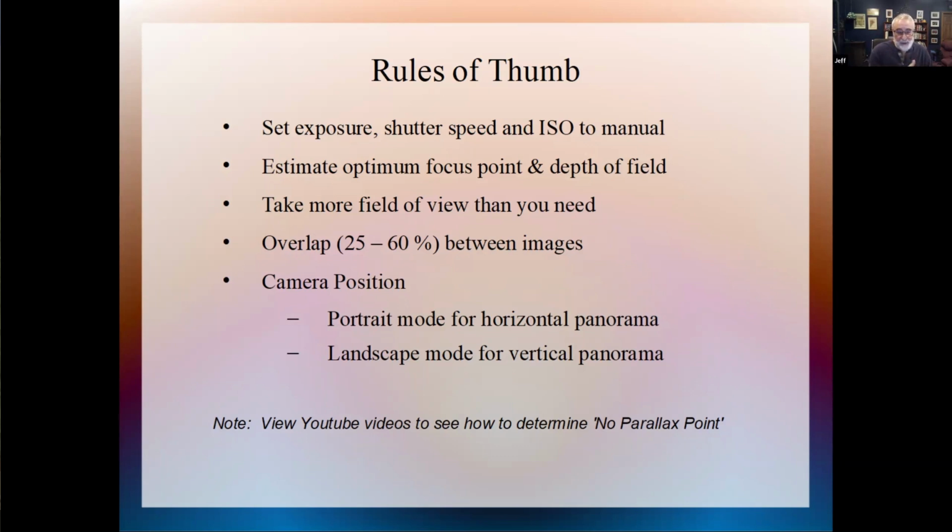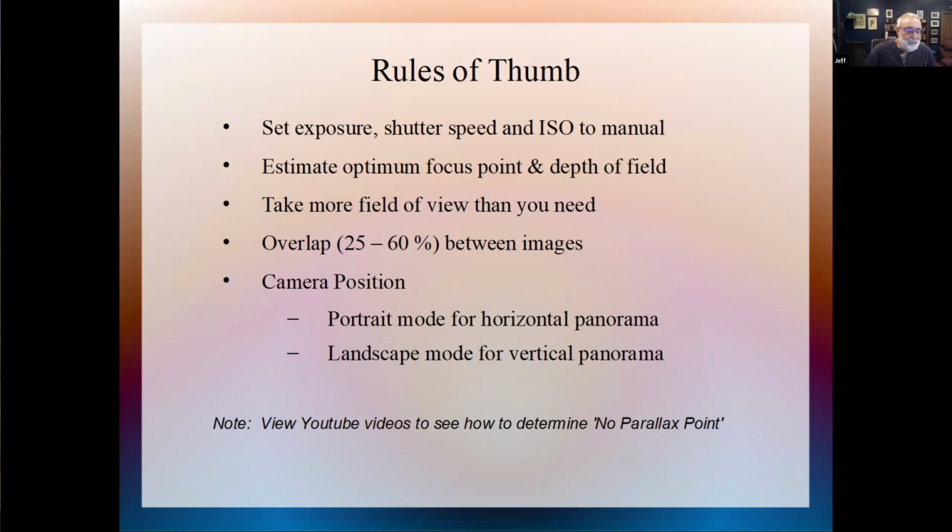So you swing your camera back and forth, looking through the camera, looking at the things of interest and estimating the best focus and depth of field settings for the camera, and then leave it so that it's the best compromise, if you will, as you take all these images.